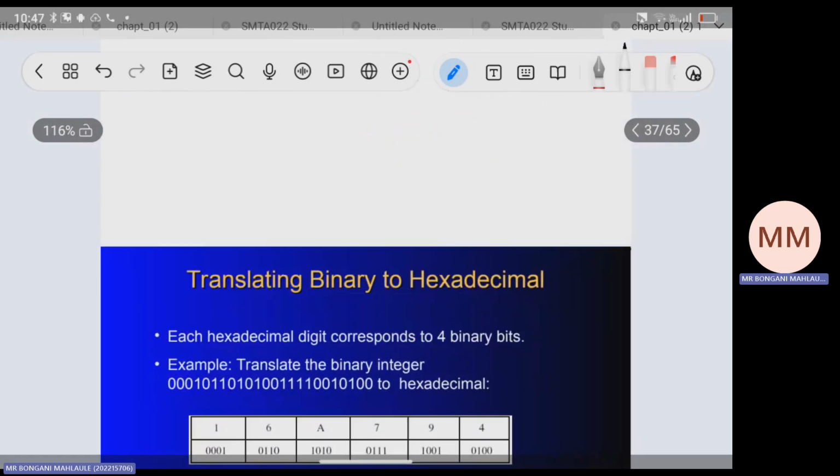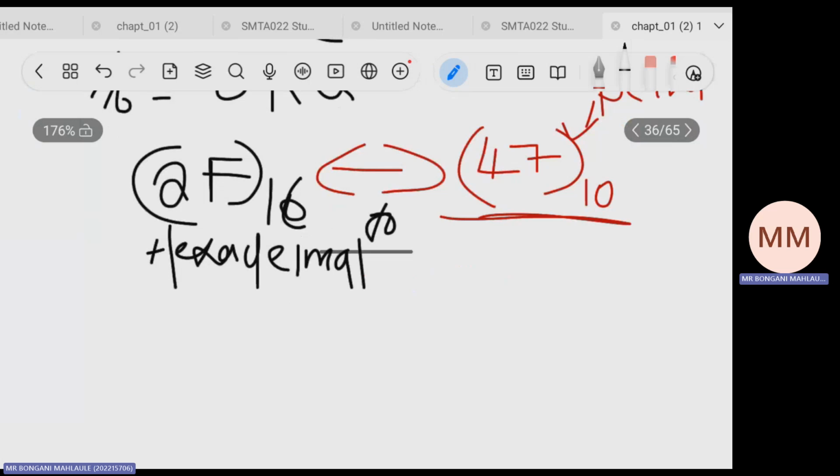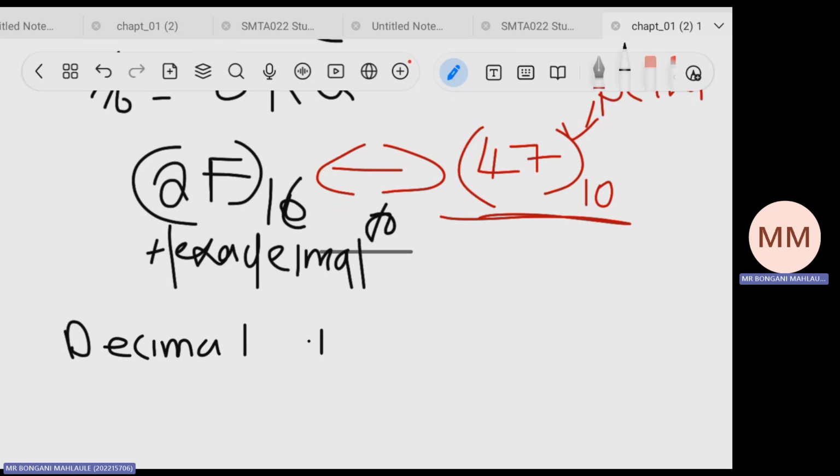Now let me just do one more, from decimal to octal.